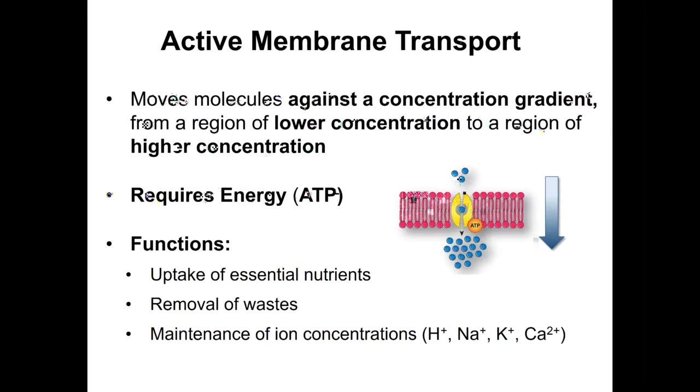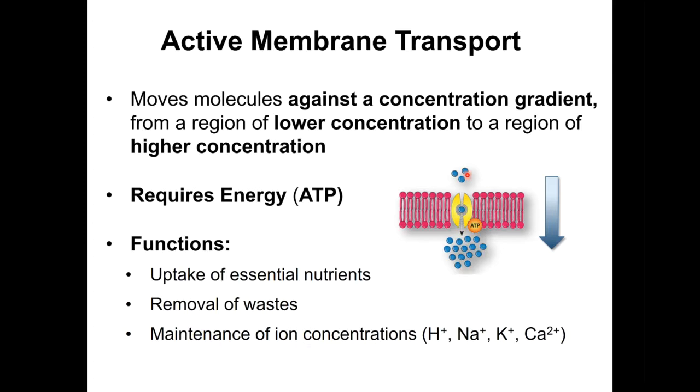So the cell has to basically pump this waste outside. And they do that using specific transporters that, at this point, require energy to move this waste in this example. But this could be other molecules. There might be already a high concentration inside the cell, but you still need to get more to keep going. And so you still have to move them against the concentration gradient. Again, you would have some active transporter doing that using energy.